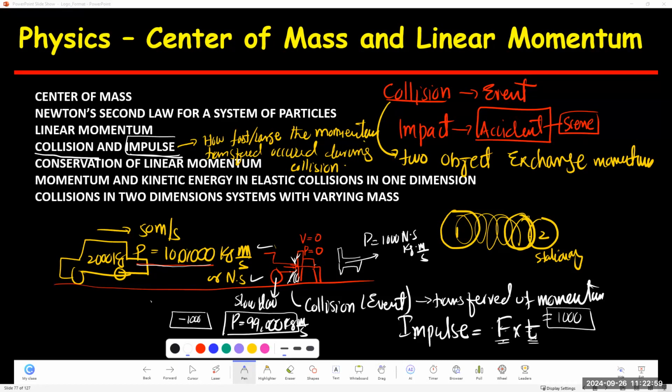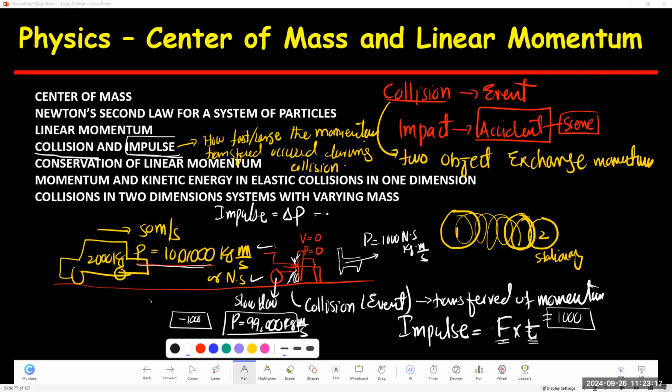So really, impulse should be equal to delta P. How do I know? Because the momentum was 100,000 and the momentum is reduced by 1,000. So I'm going to write this equation.